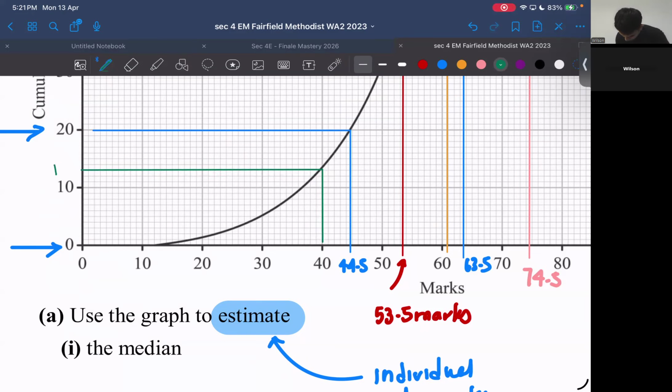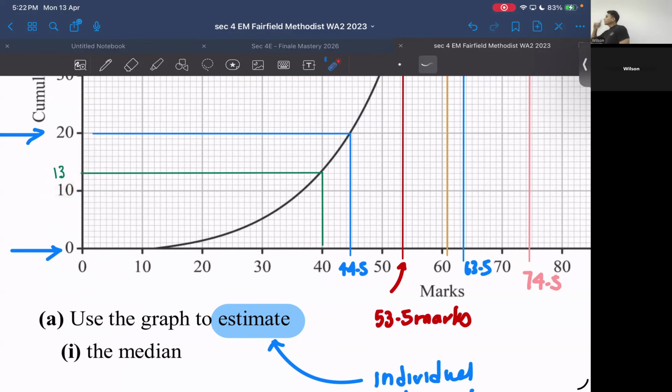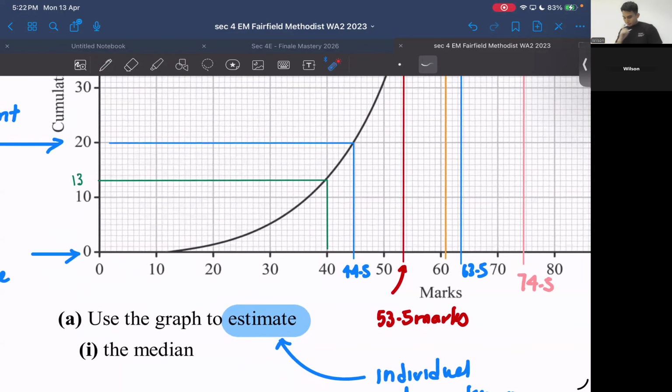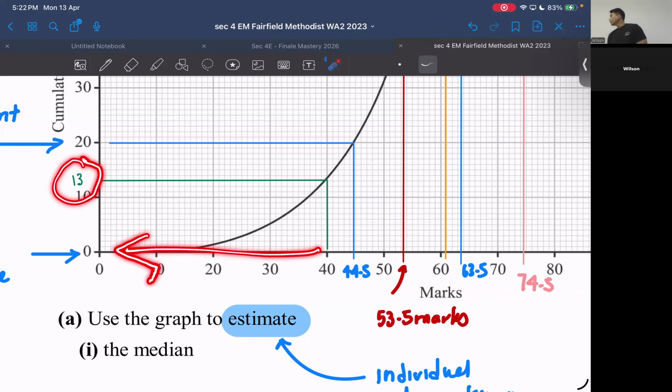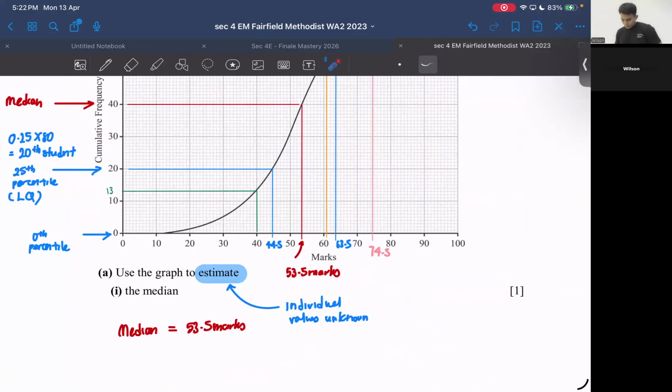If I read 13 over here, what does this 13 students mean? Very good. So what Kira essentially is saying is this. There are 13 students who score 40 marks or less. So Kira is saying in order to find at least 40, I need to take 80 minus 13 over here. Yes, thank you very much. So this is 13, right?